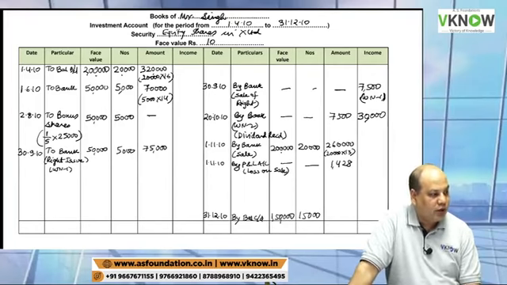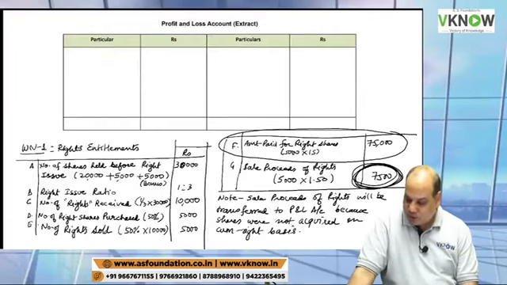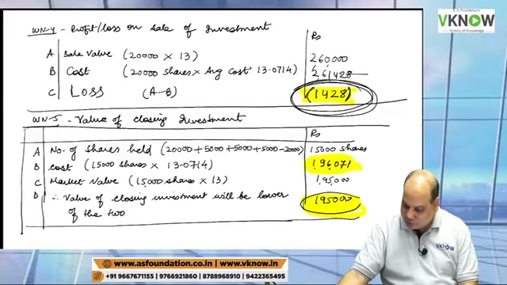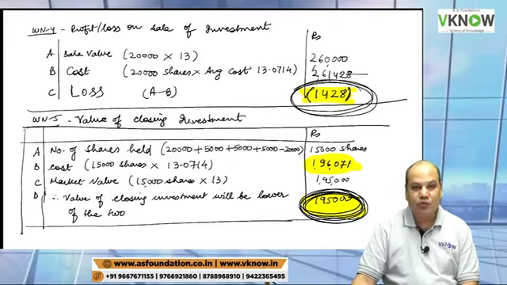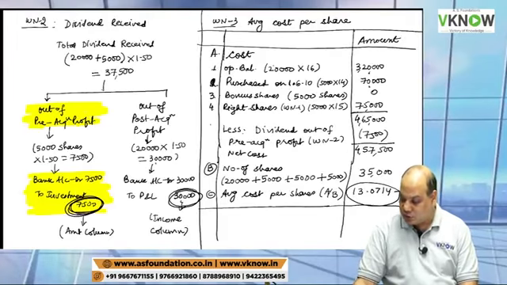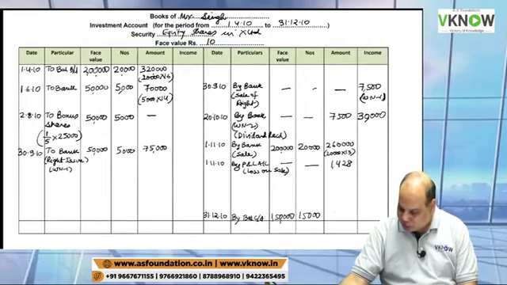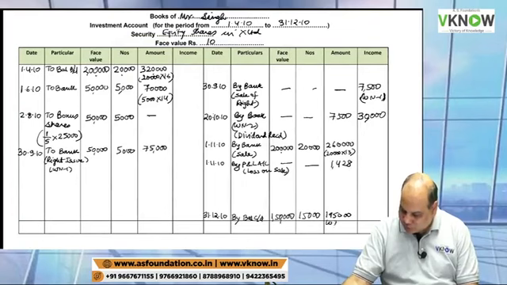Let us go to the last working note and check what is the valuation. 1,95,000, the lower of the two. Quickly write down here 1,95,000, working note 5.